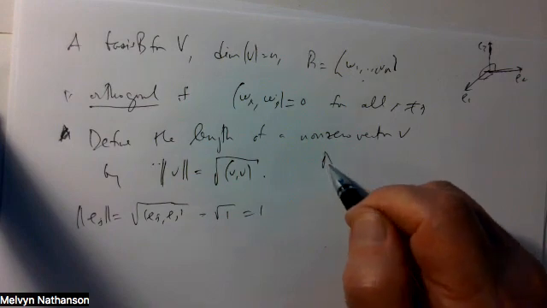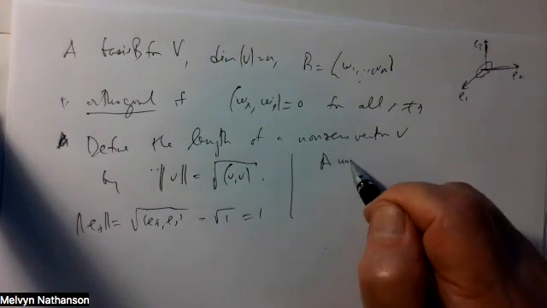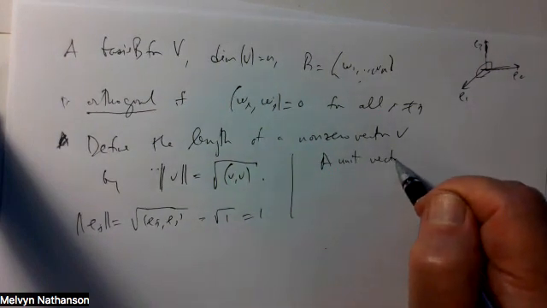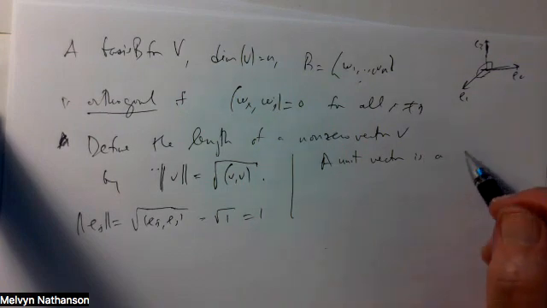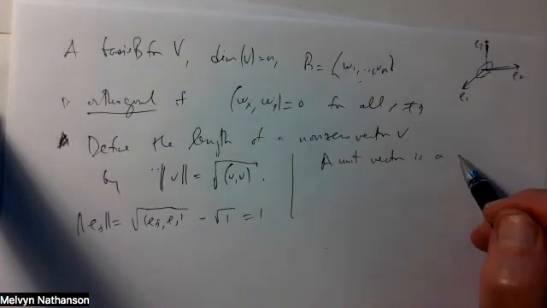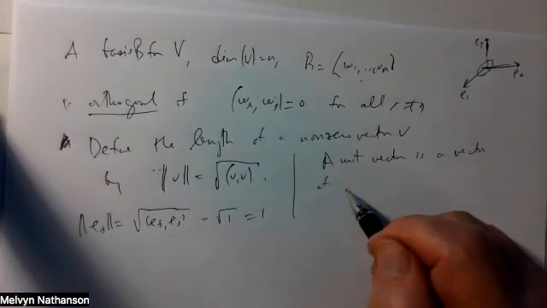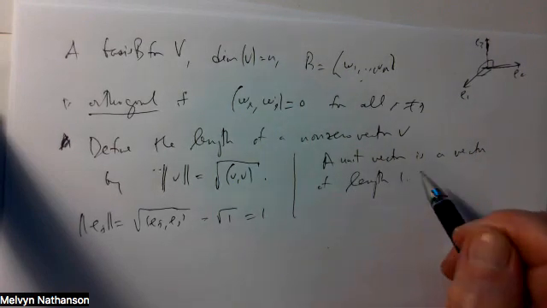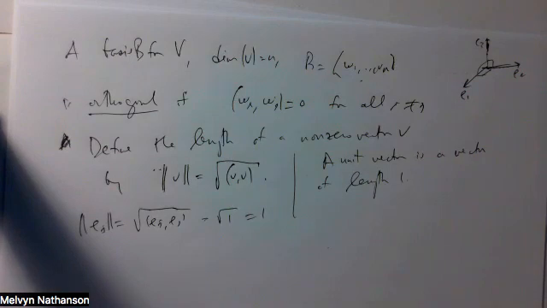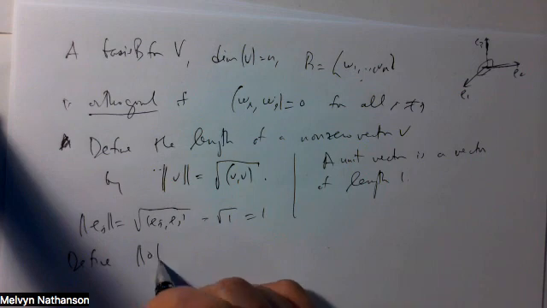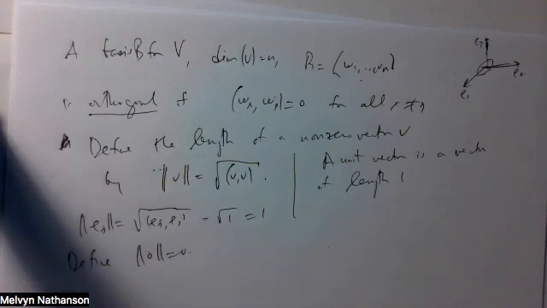And a unit vector is a vector of length 1. What is the length of the zero vector? We define the length of the zero vector to be 0.